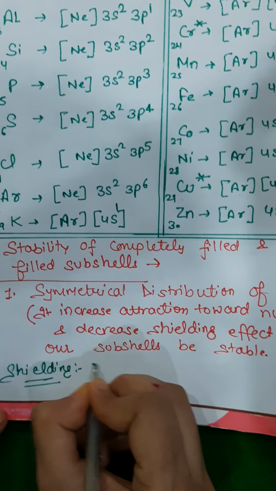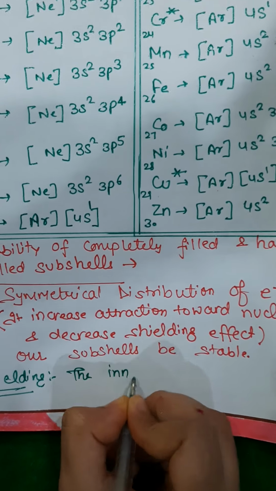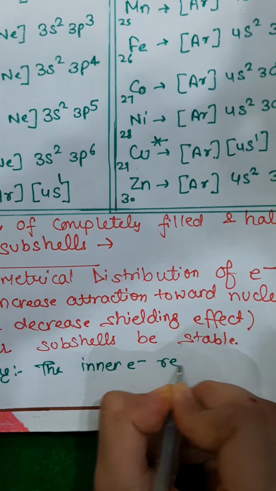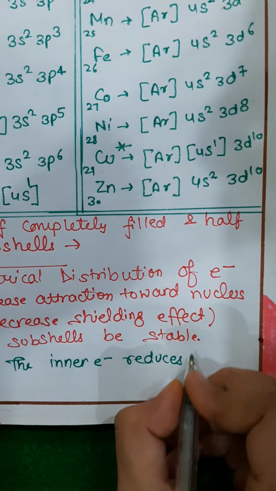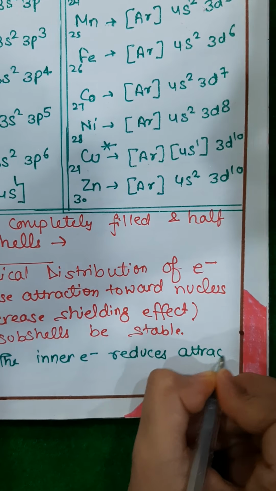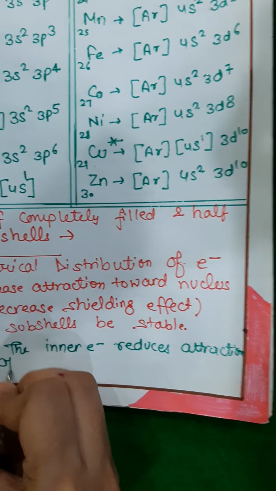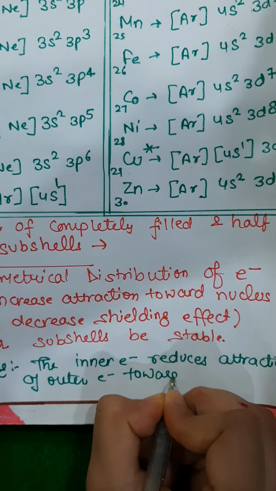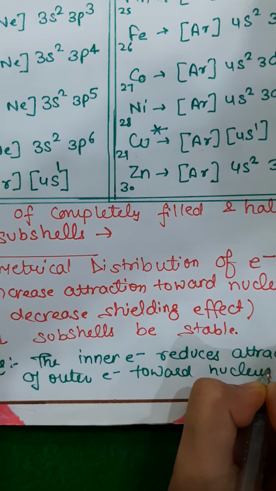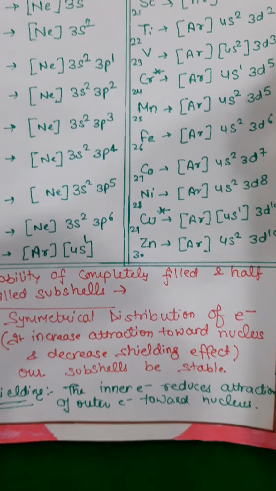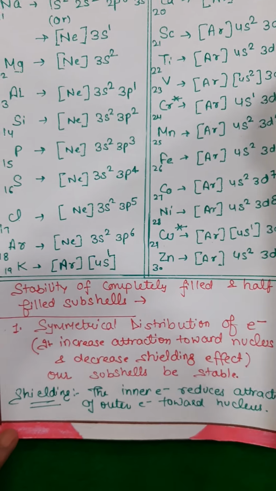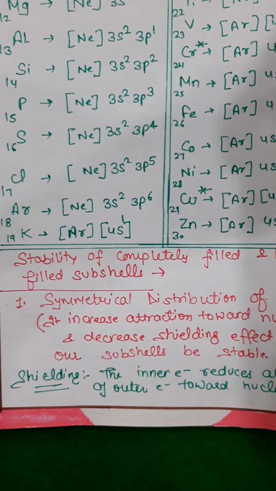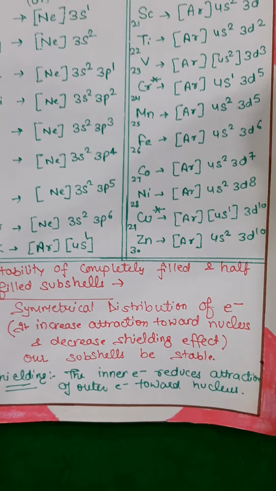It means the inner electrons reduce the attraction of outer electrons toward the nucleus. This process is known as shielding, and when shielding decreases, our subshells become stable.